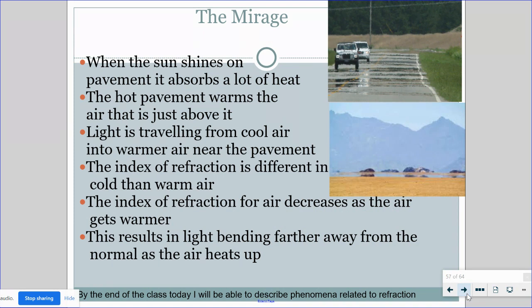The mirage. The idea of people crawling through the desert and thinking they saw an oasis, or when you're driving along the road, you see shimmering, and it looks like the road is wet. Well, when the sun shines on pavement, it absorbs a lot of heat, and the hot pavement warms the air. So light is traveling from cool air into warmer air. Since the index of refraction is different in cold air than warm air, and it decreases as the air gets warmer, this results in light bending farther away from the normal as the air heats up.